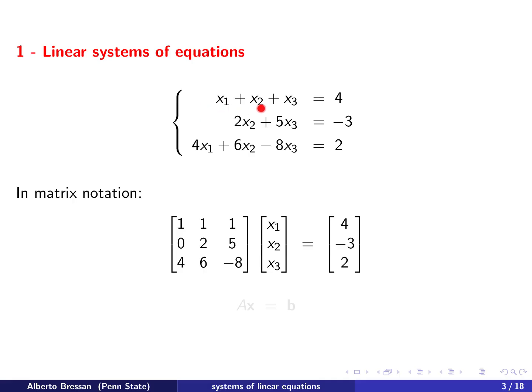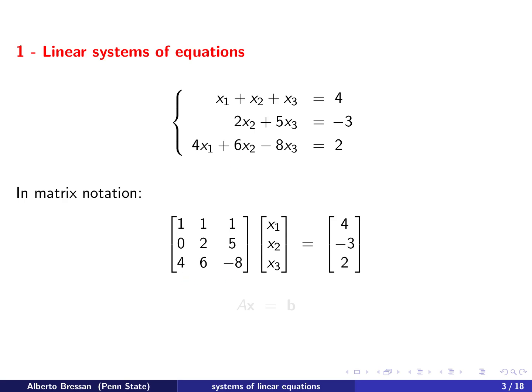In the first row I have coefficients 1, 1, 1. For the second equation, there is no x1, so it's 0 times x1, and then you have 0, 2, 5, as we have here. And the third equation would be 4, 6, negative 8.